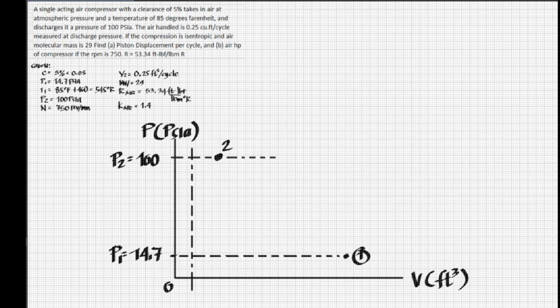Then let me draw here. This is my clearance. So this represents the clearance on the top dead center of my compressor. Now I have drawn here from 1 to 2. So this will be my compression 1 to 2.